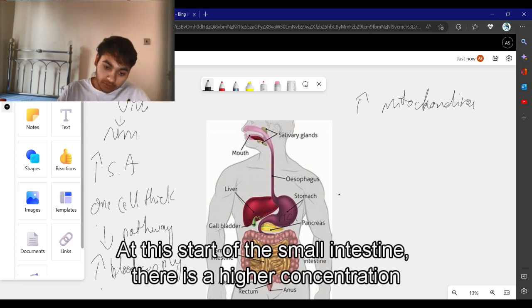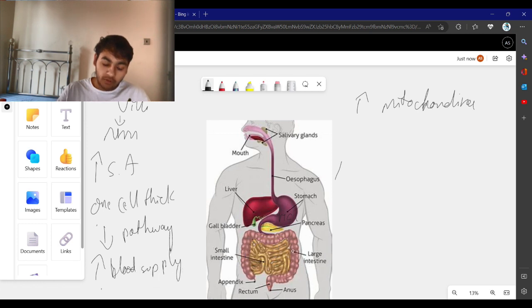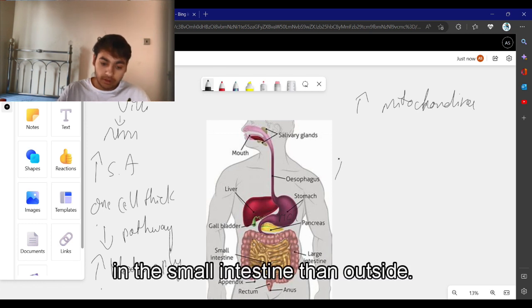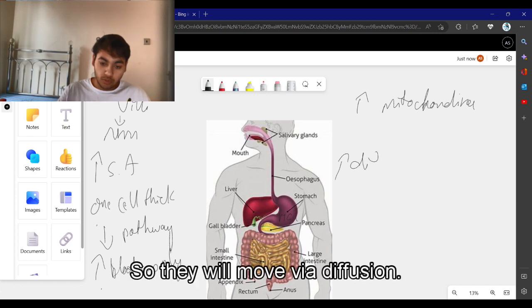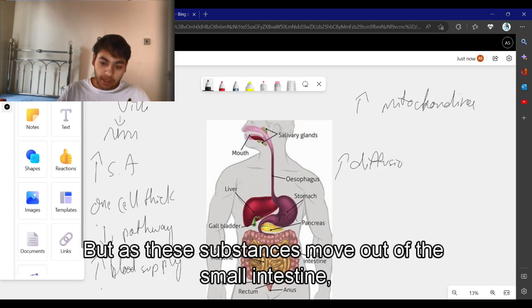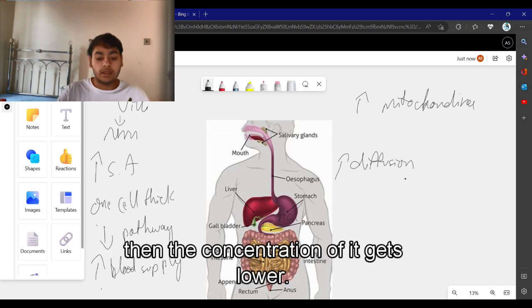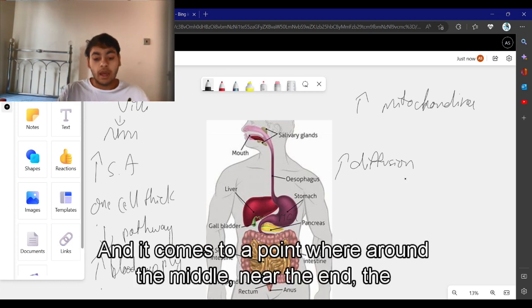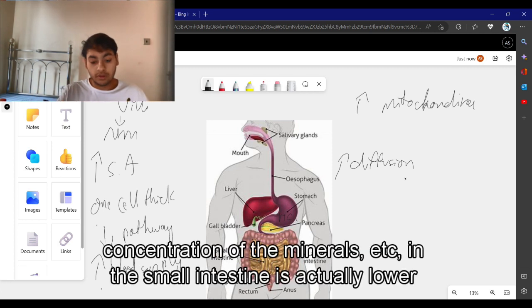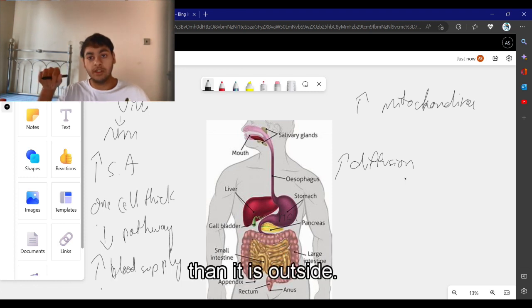At the start of the small intestine, there is a higher concentration of substances in the small intestine than outside, so they will move via diffusion. But as these substances move out of the small intestine, the concentration gets lower. It comes to a point around the middle to near the end where the concentration of the minerals etc. in the small intestine is actually lower than it is outside.